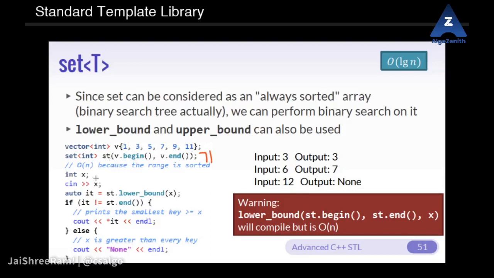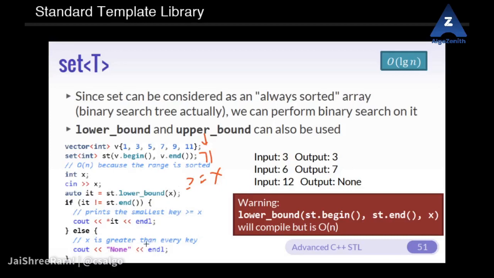Okay, and then if you take x input and then do a lower bound in the set, you will find the first element that is greater than or equal to x, right? So if it's not end, if it's not the last element outside the set, that means there exists some element which is greater than or equal to x. You can print that, or else you will have no element, right?